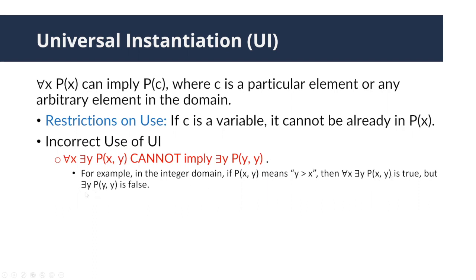But this one is false because it says there exists an integer y such that y is greater than y. As you can see, if we apply the rule incorrectly by introducing a variable y, which is already in the predicate representation, then we will imply from something true to something false.